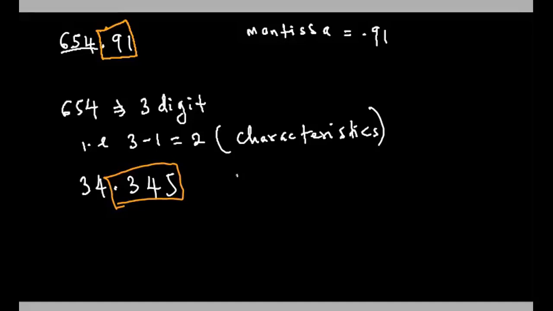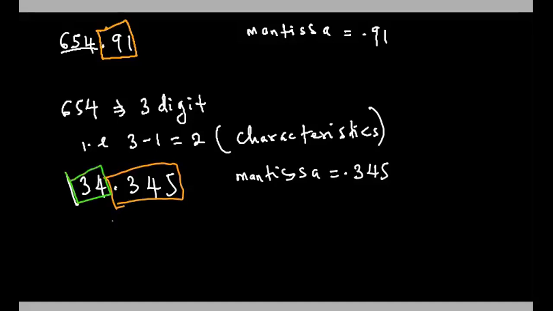That is, the mantissa here is just 0.345. That is the mantissa. But what about the characteristics? As for the characteristics, as you can see, we have 34 as the whole number.